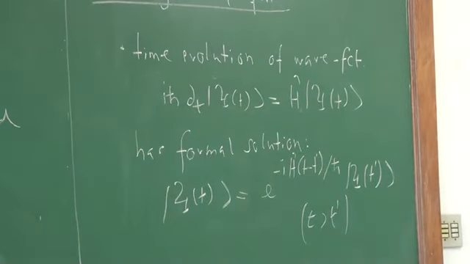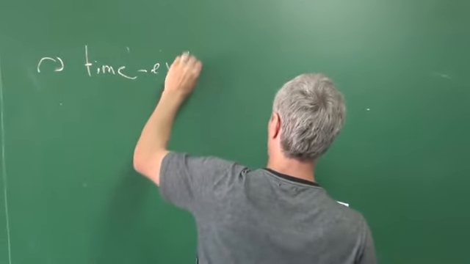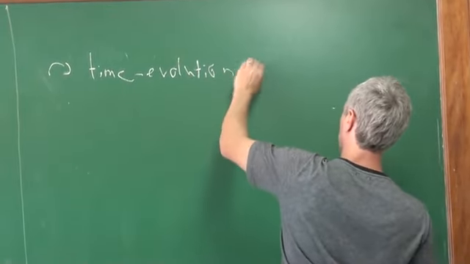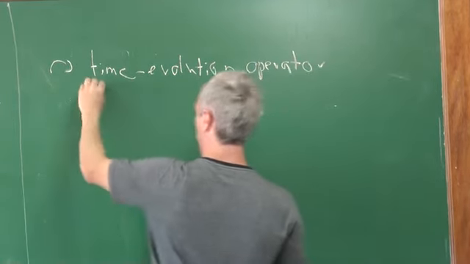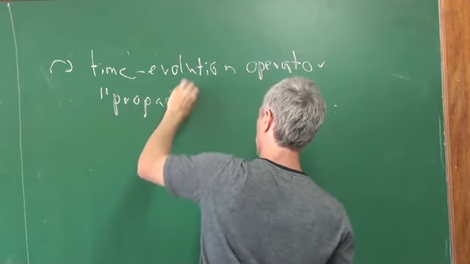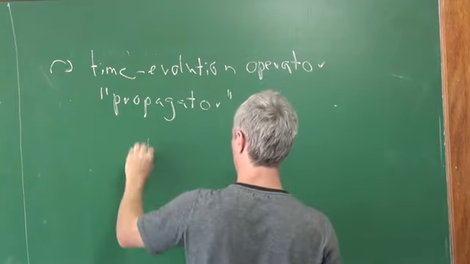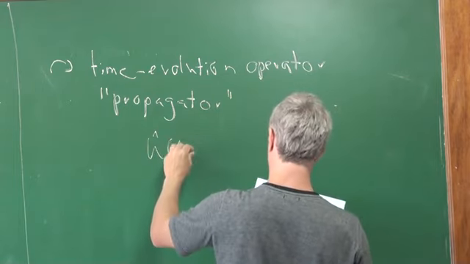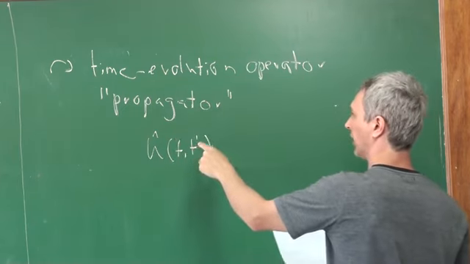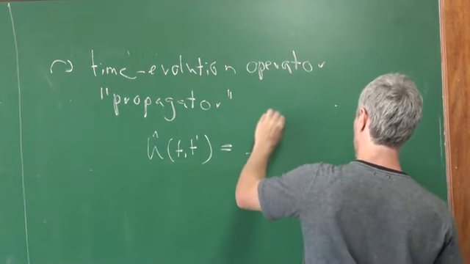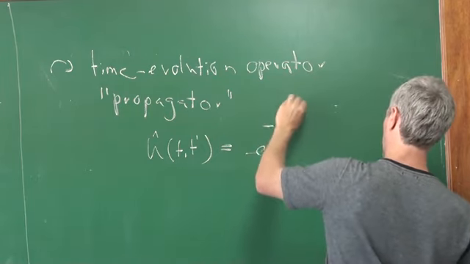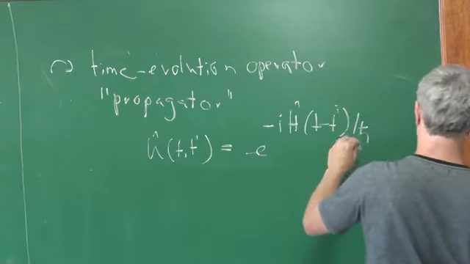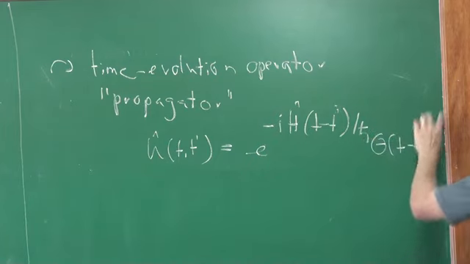And what we learn from this is that it might be useful to introduce something like a time evolution operator, which is then also called the propagator of quantum mechanics, which is often abbreviated by Q, the operator, and it tells you the time evolution from time t prime to t, and it's given by the exponential operator with h bar, and the theta function guaranteeing that we are looking at propagation forward in time.